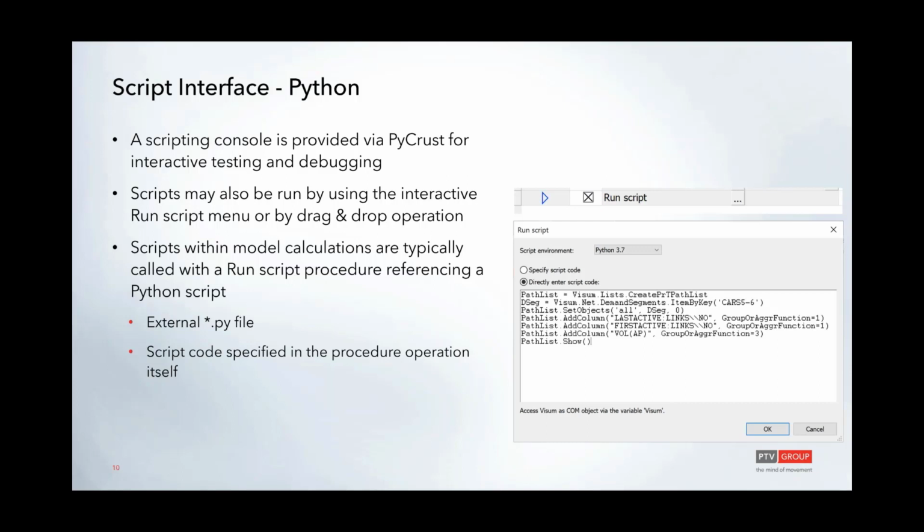So if you're starting to script something in Visum now, we recommend that you use Python 3.7, and that way your script will not need further updates when the 2.7 Python is not supported anymore within the framework of Visum.